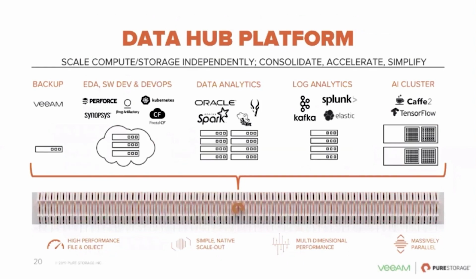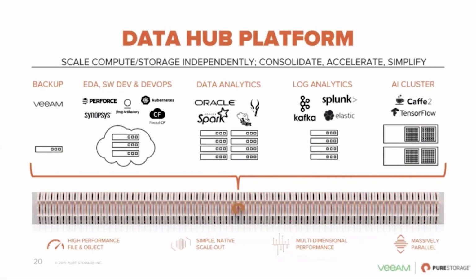And I just wanted to close this part of the session out by talking about, so I introduced the start of this section as the data hub, and I've talked about one of the use cases, but this is FlashBlade in a bigger context. So we have a lot of customers, 80% of the customers that acquire FlashBlade for backup and recovery are actually doing something else with it.